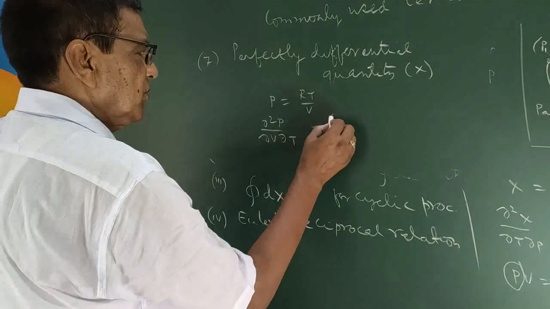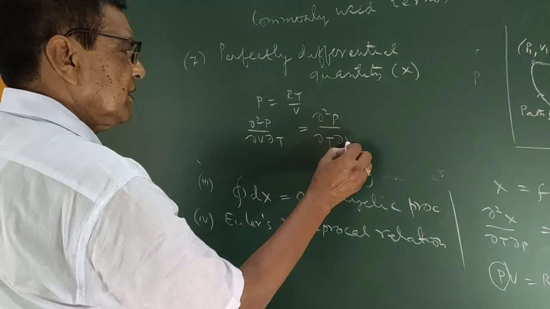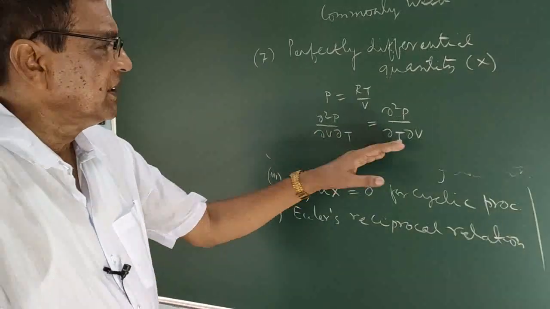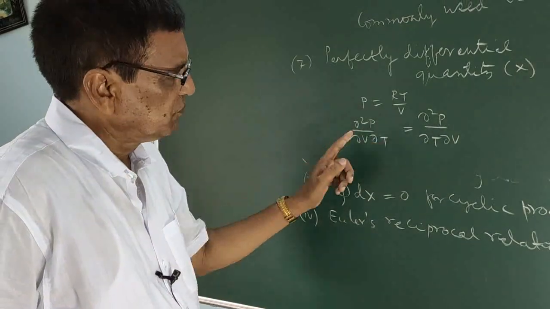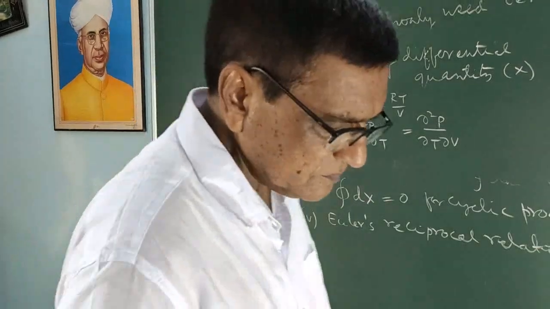You can do it at home and verify whether both sides will be the same or not. If both sides become the same, then P is a perfectly differential quantity.